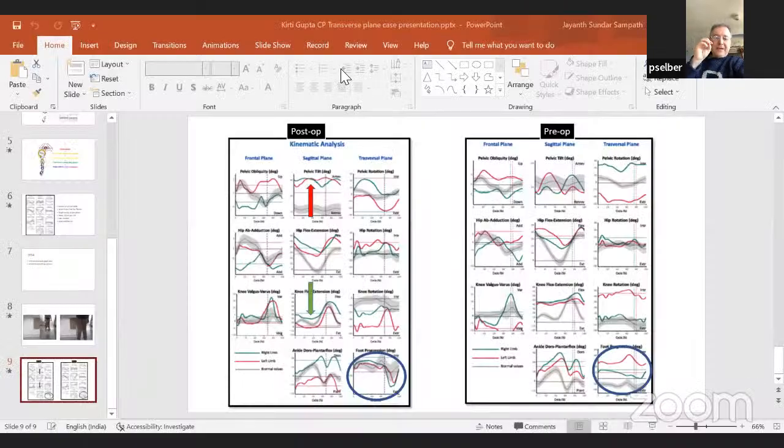Of course, you will see children that have true valgus and true varus, and you need to be sure of that. But I think it's important that before the data leaves the gait lab, the personnel in the gait lab have to double, triple check that data.